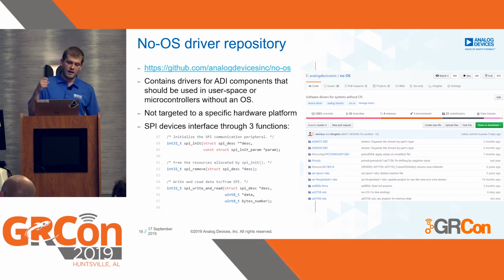All of the drivers use the same API: SPI init, SPI remove, SPI write and read, which is the same API that we used for the M2K engine. So what you can do is take a device driver from the NoOS repository, link it against the M2K SPI engine, and you can communicate with the device. You just compile the program, and you can communicate with the device straight from your application. You don't need additional hardware.